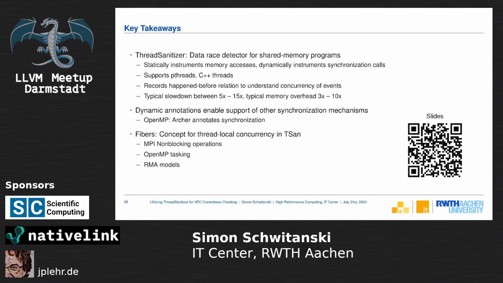A typical example where you run into false negatives is a locking order where, in the first execution, the race is not triggered because the synchronization is in the right order, and then you don't detect it.